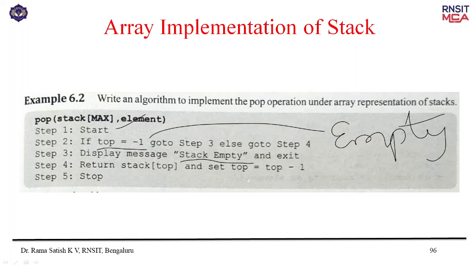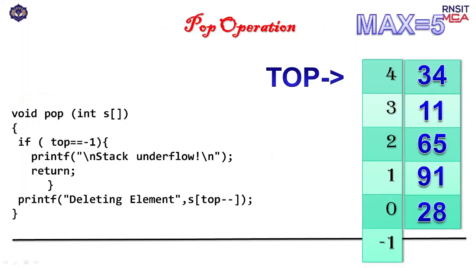If not, you just display the stack of top, that is, stack of top is the element that I am going to delete, and decrement the top by 1. That's what you are doing here.